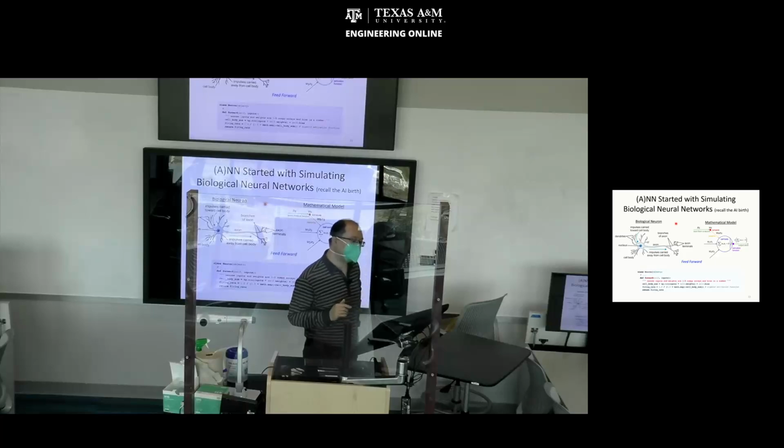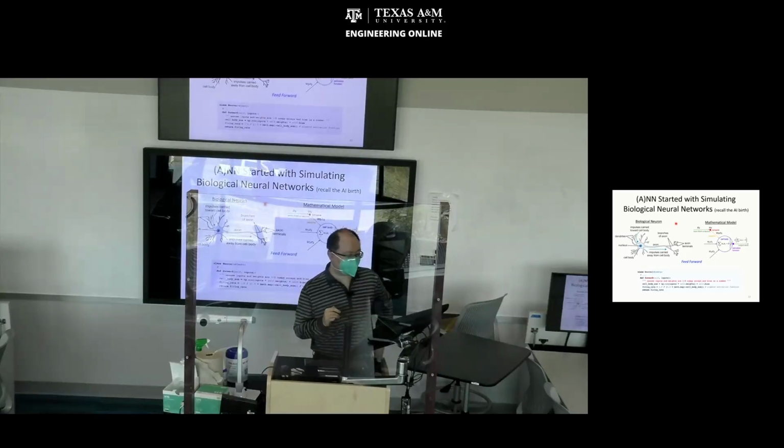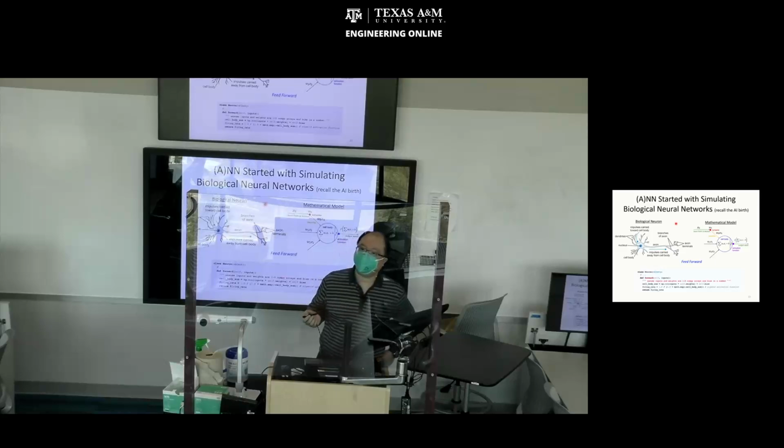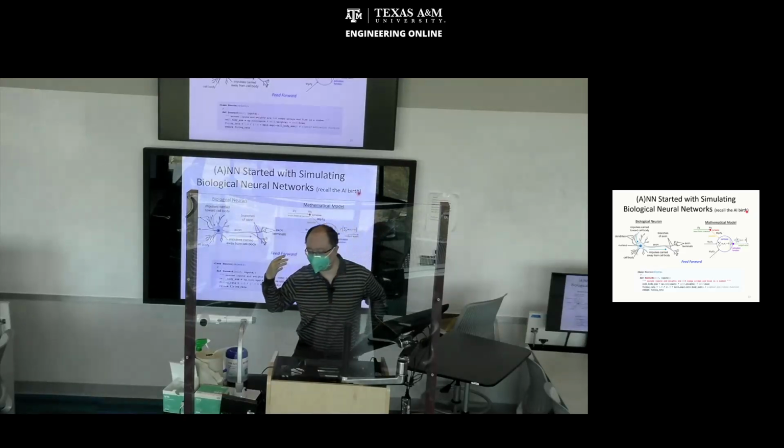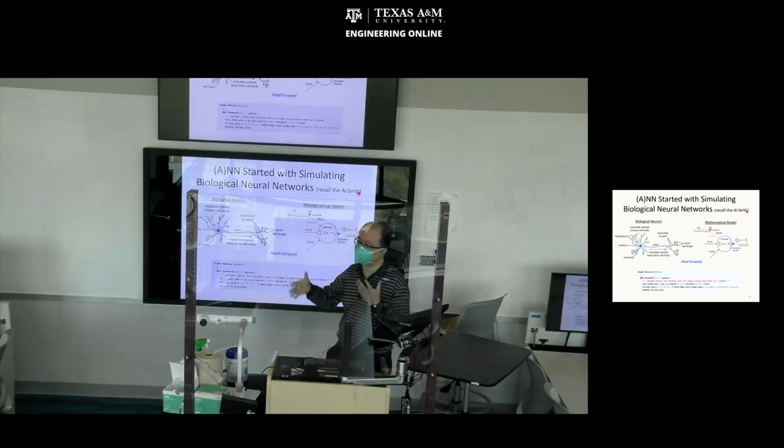Now let's try to summarize artificial neural networks, but see them from a biological perspective. Recall how AI as a word was created. It's about modeling how humans think in a way that can enable machines to do something similar.